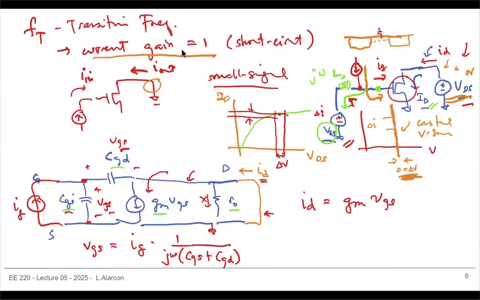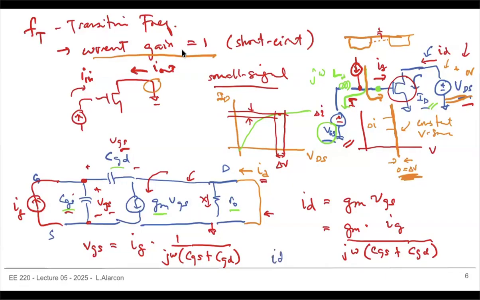Then I can actually just plug that in here. ID is equal to GM times IG over j omega (CGS plus CGD). And let's put a different color.